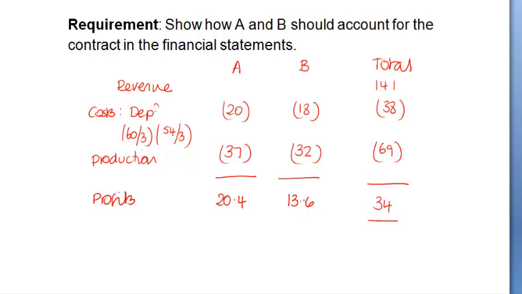So therefore we can work backwards, and B, we effectively say that revenue here is going to be the balance. So if I know what my profits are and my costs are, it works out that B can show revenue of 63.6, and for A it can show revenue of 77.4.